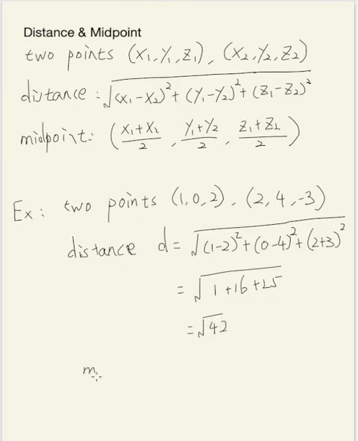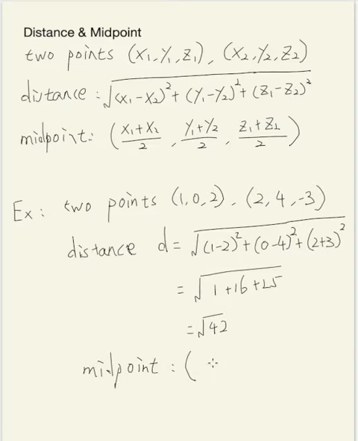And the midpoint, we don't have a canonical letter for midpoint. Maybe M if you want to use it. Either way, I'm just going to write it this way.